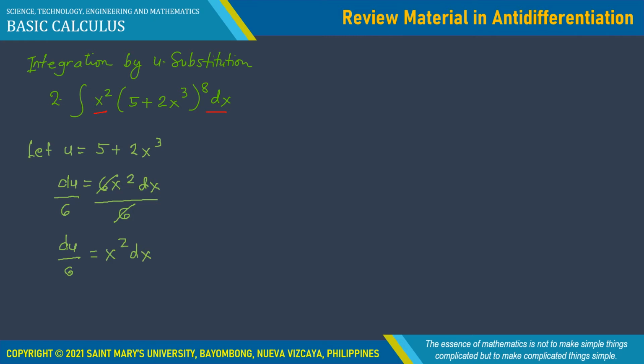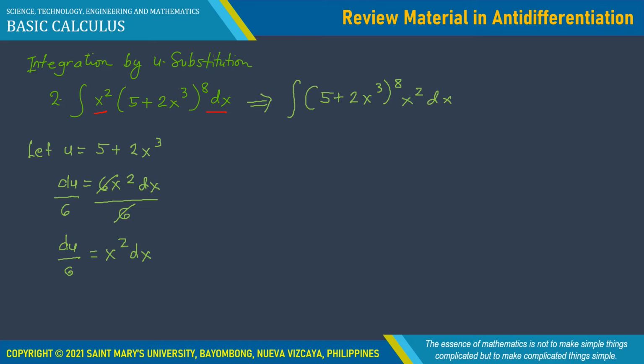So, ayun, may value na yung ating x squared dx. Okay, so, itong ating integral magiging ganito muna para hindi tayo malito. So, 5 plus 2x cubed raised to 8 x squared dx. Nire-arrange natin para makita nyo yung x squared dx.